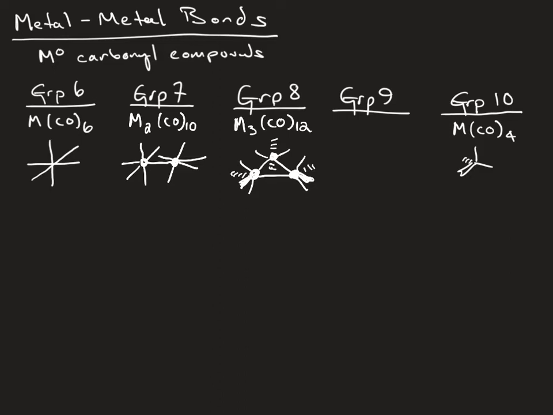With group 9, or the d9 species, you form tetramers with 12 carbonyls. The metals form a pseudo-tetrahedron with each metal center containing 3 carbonyls.